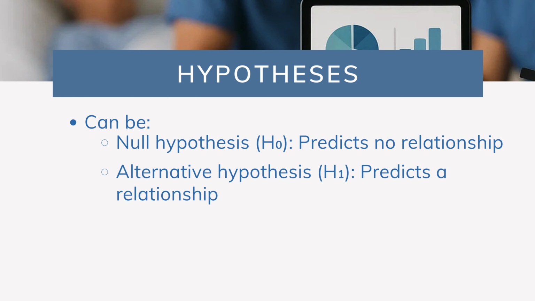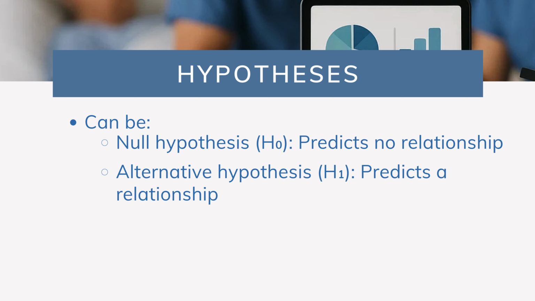On the other hand, the alternative hypothesis, symbolized as HA or H1, suggests that there is a significant relationship between the variables. Using the same example, your alternative hypothesis would be, there is a significant relationship between knowledge on infection control and compliance.